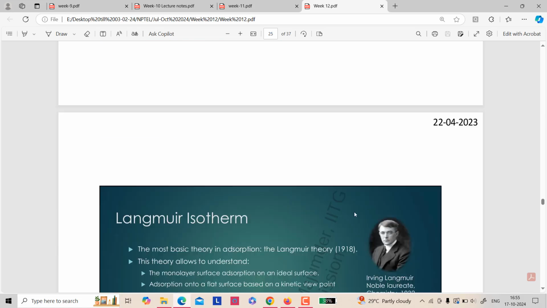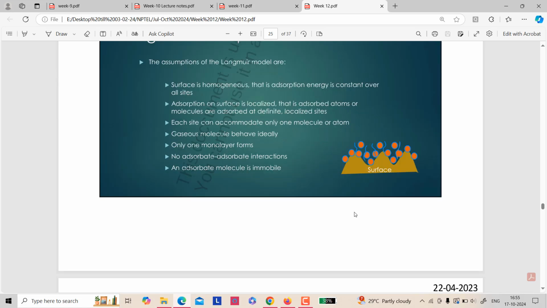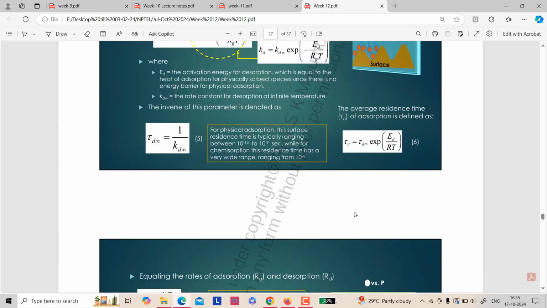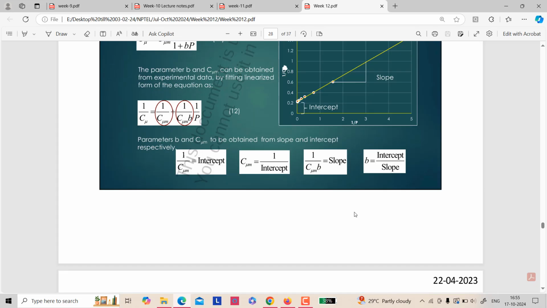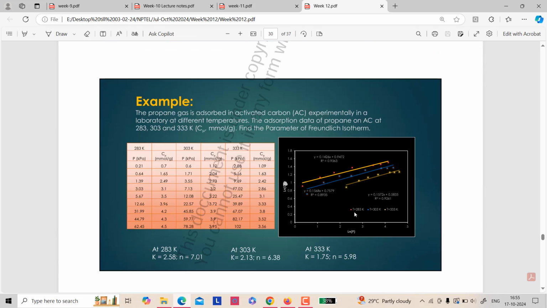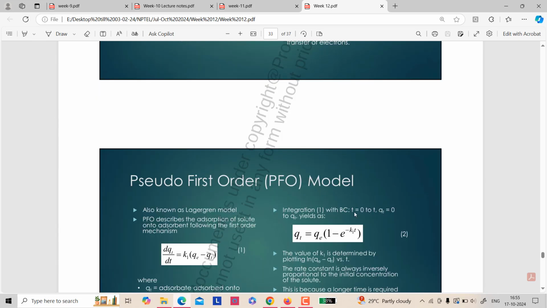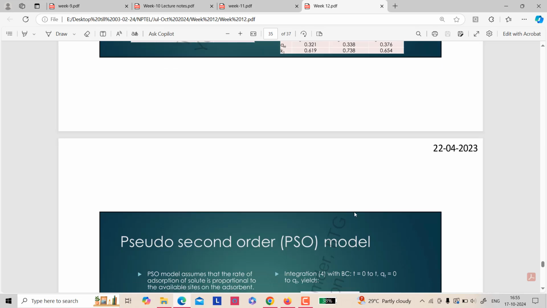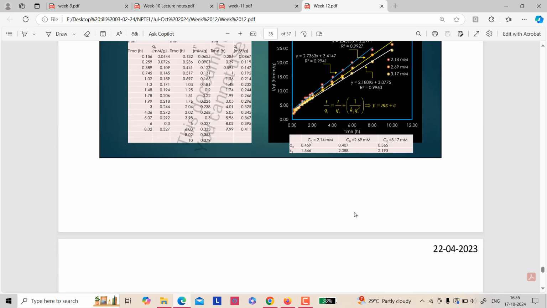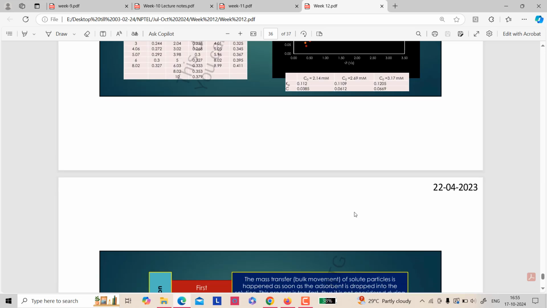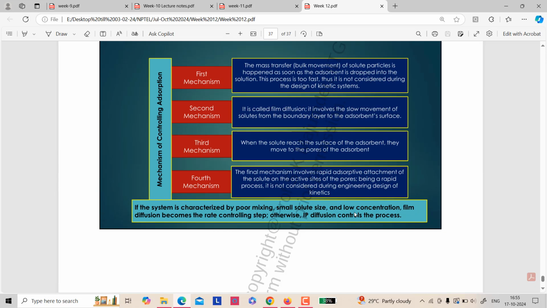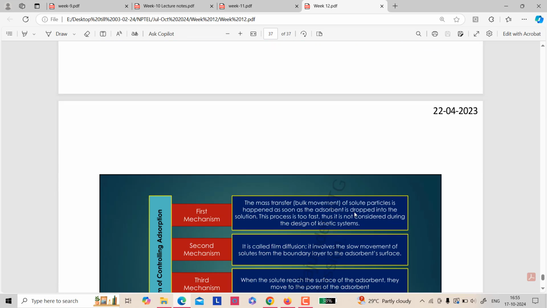These are the different types of isotherms, Langmuir isotherm and Freundlich isotherm, used in case of adsorption. Different types of models: first mechanism, second mechanism, third mechanism, and fourth mechanism.